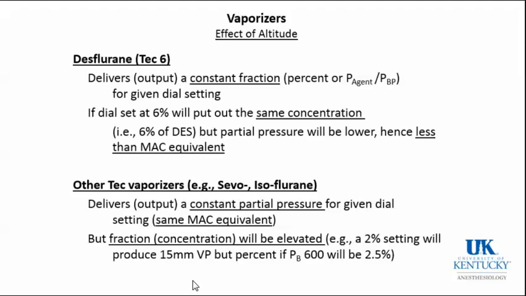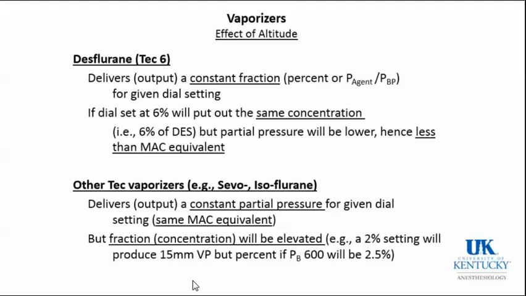So as you go to high altitude, if you set it on 6%, it will still be generating 6% Desflurane. But remember, the partial pressure at altitude for 6% will be lower than 6% at sea level, and therefore the partial pressure delivered will be less, even though the percent delivered is the same, and so the anesthetic efficiency will be reduced.